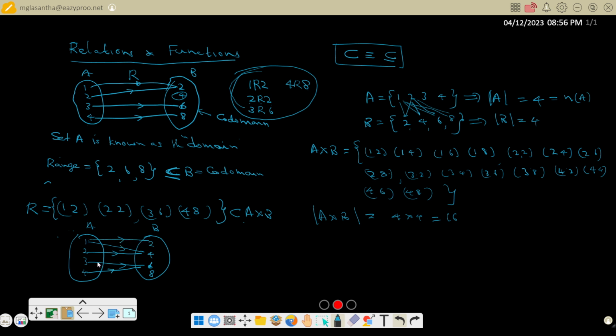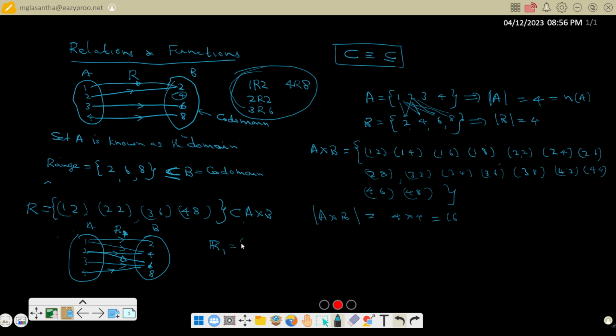Okay? And 2 is also related to 6. Right. Now, if you take this relation as R2, and this as R1, then this relation is R1.